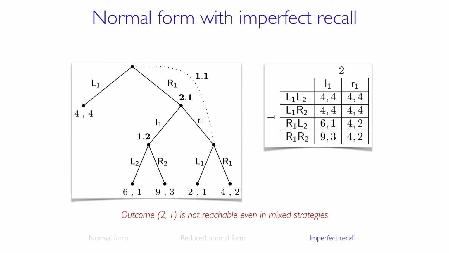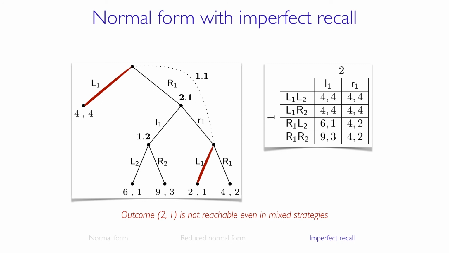Focus on the utilities in the normal form representation. You can see that the utility vector 2, 1 does not appear. That is, it seems that it is not possible for the players to follow the sequence of actions uppercase R1, lowercase r1, uppercase L1. This is exactly what happens.